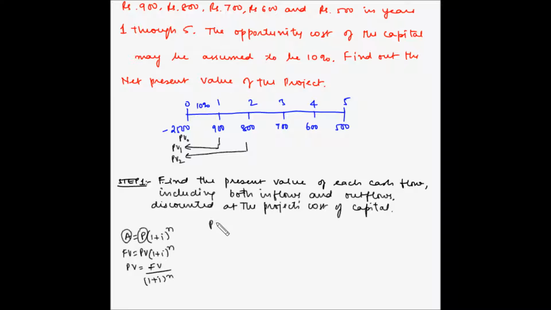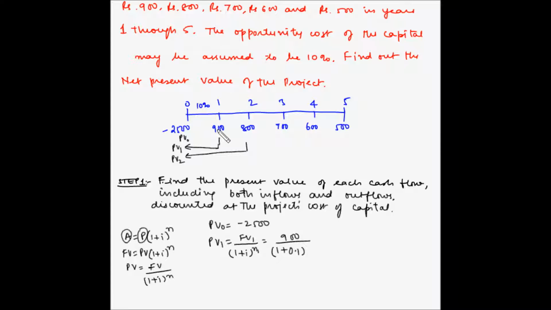So here PV0 is minus 2500. PV1 will be equal to FV1 divided by 1 plus I to the power n1. So FV1 is 900 divided by 1 plus I, which is 10% or 10 divided by 100, so this is 0.1, to the power n1.